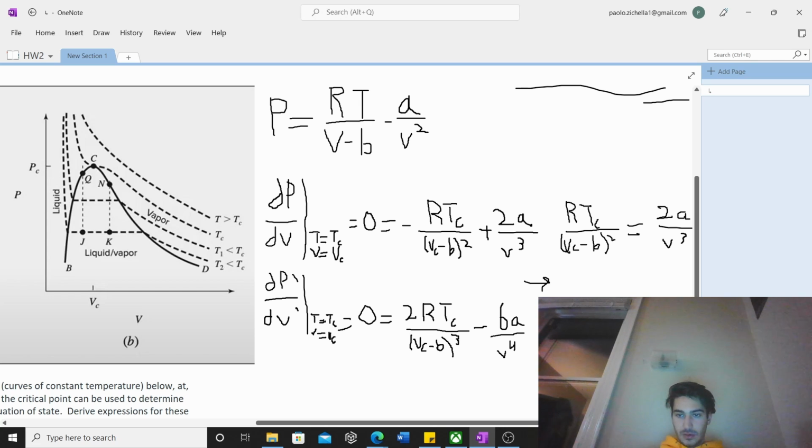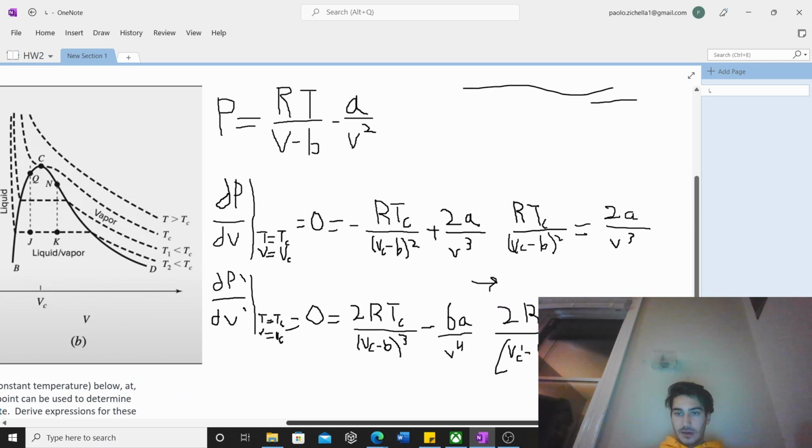This is all cubed, and is now equal to 6a all over v to the 4th. And that is our second equation. So there we go. We now have our two equations.